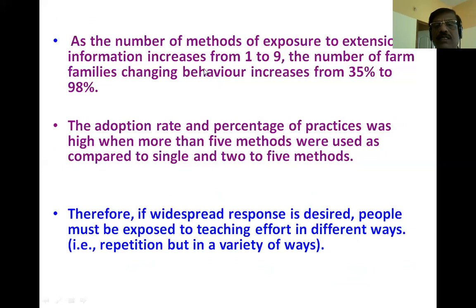As the number of methods of exposure to extension information increases from 1 to 9, the number of farm families changing behavior increases from 35 to 98%.